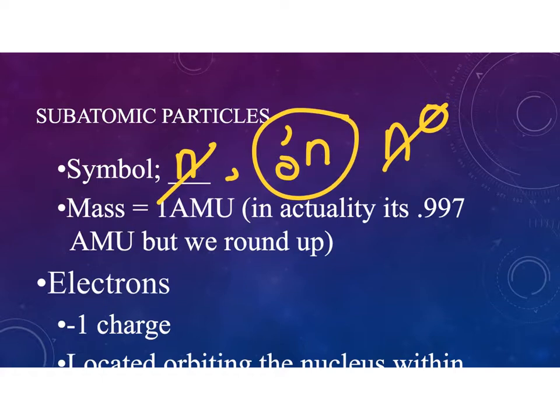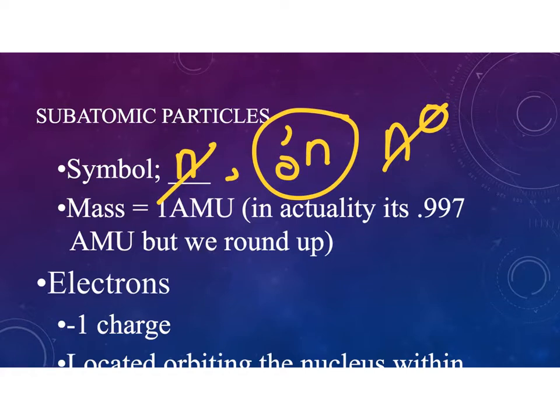And again, mass is equal to 1 AMU, which in actuality is 0.997, but we round up to 1. Protons and neutrons are relatively similar in mass, and they constitute the mass of the atom. So that's why it's just considered as 1 AMU instead of the 0.997.